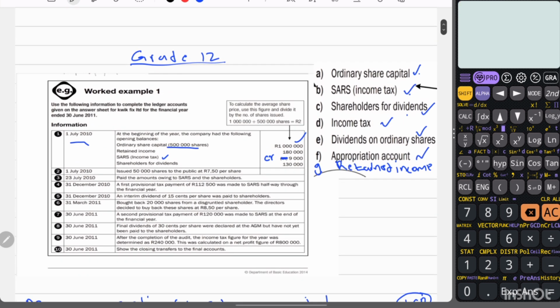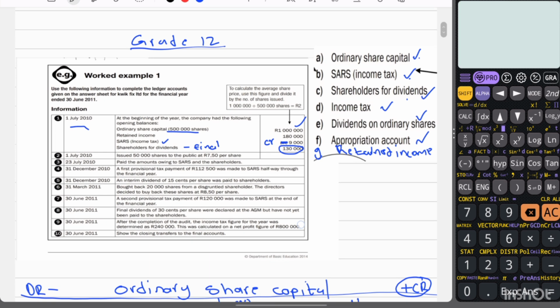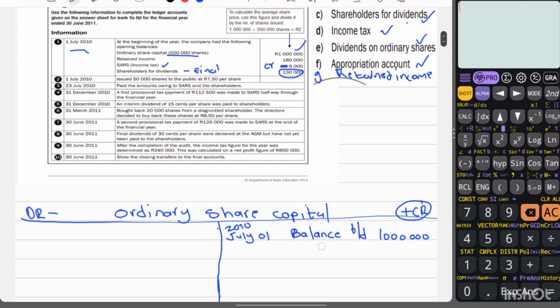Then we also have shareholders for dividends. In other words, once we have a balance here, it means that we are owing dividends for last year. Remember, shareholders for dividends is a final dividend, which is declared but not paid. We are now creating a liability for ourselves as a company. So now let's go to our shareholders for dividends.